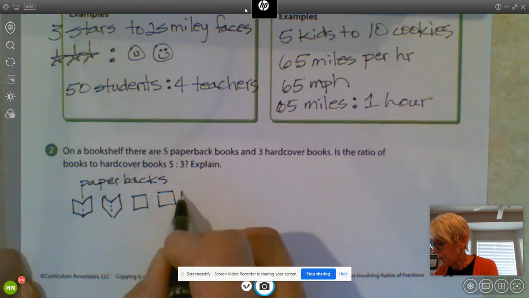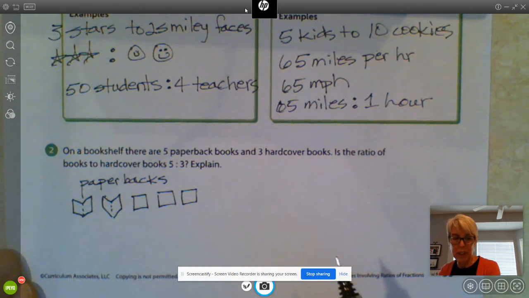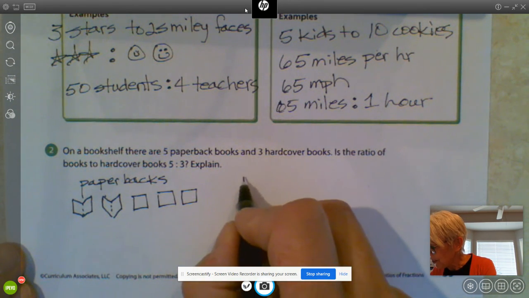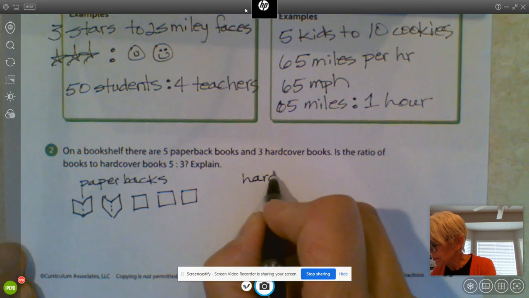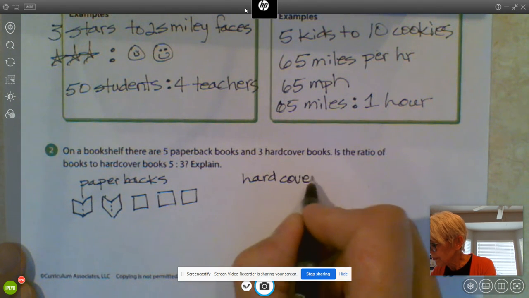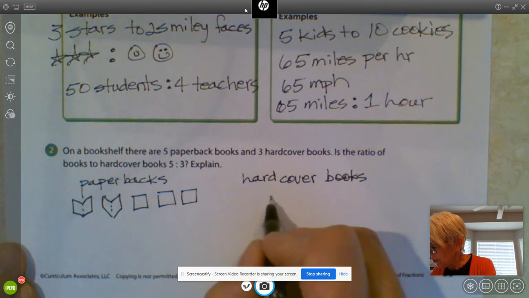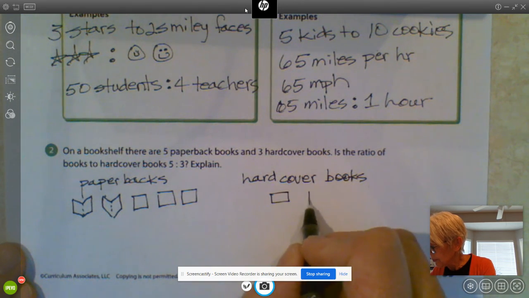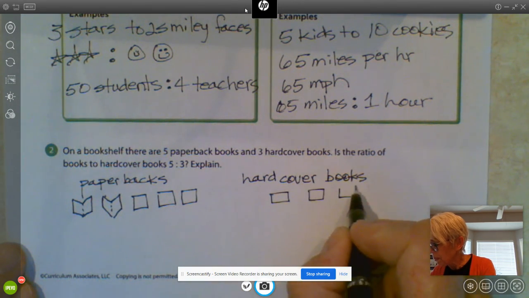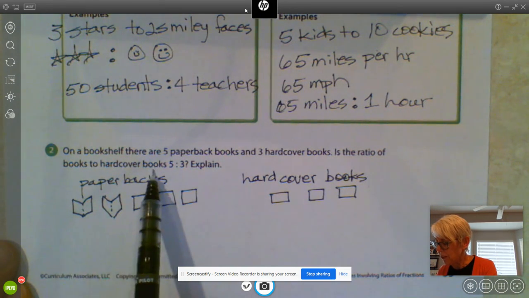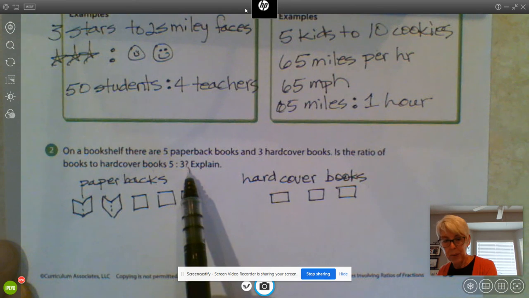The first one kind of looked like a book, but it takes me too long to draw those, so I'm just going to do boxes. And here's our hardcover books. And there are 3 of those.